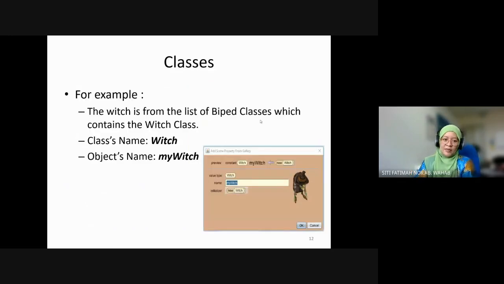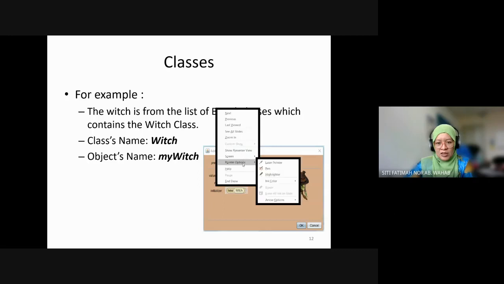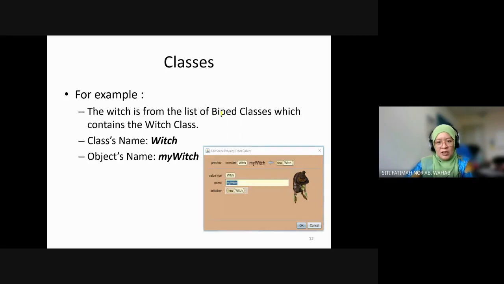So, let's say you buat satu program yang baru, kita nak you all masukkan wish ni. Okay, you boleh ambil wish ni daripada list of Biped class ni. Boleh tengok dekat sini nanti, cari dia dekat sini. Saya tak boleh nak tanda.